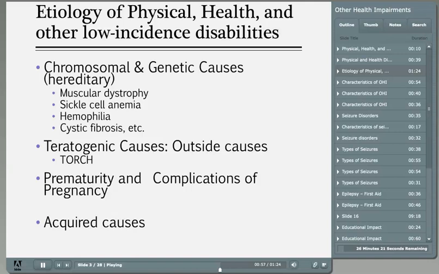Prematurity and complications at birth can cause neurological problems, cerebral palsy, epilepsy, vision loss, hearing loss, deaf blindness, and/or psychosis. Cognitive functioning can also be affected. The most common cause during the prenatal period is asphyxia. Acquired causes include trauma, abuse, infections, environmental toxins, and disease.